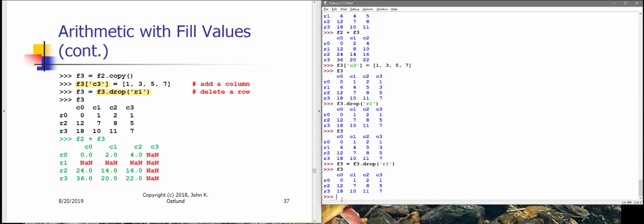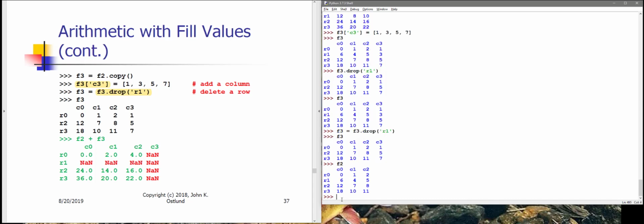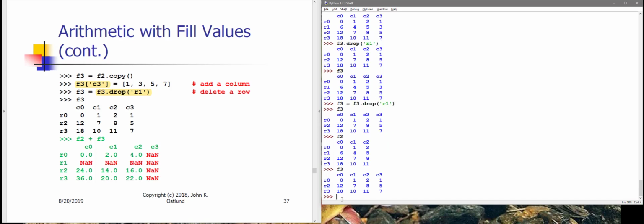And now I have F2 containing 4 rows and 3 columns, F3 containing 3 rows and 4 columns. And although there is overlap among the row labels and the column labels, there are also differences in both.